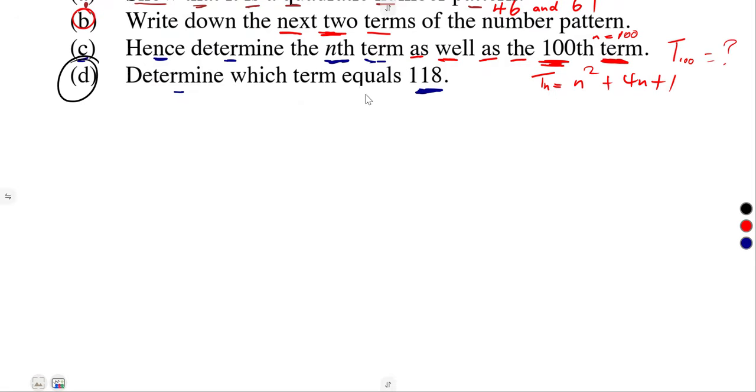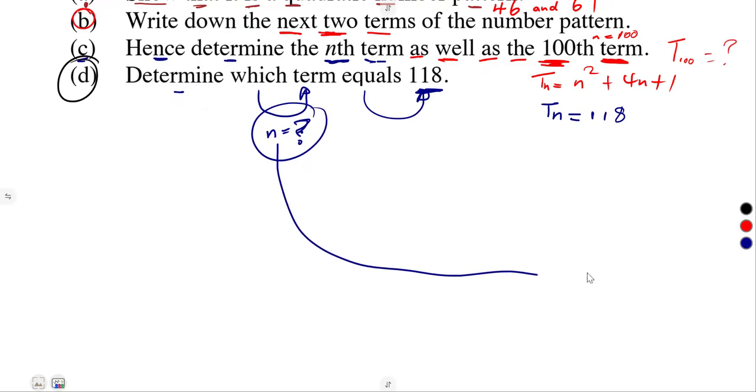Determine which term equals 118, so our Tn is the one that is equivalent to 118. Which n are we talking about? That when we substitute in this general term, we must obtain 118.